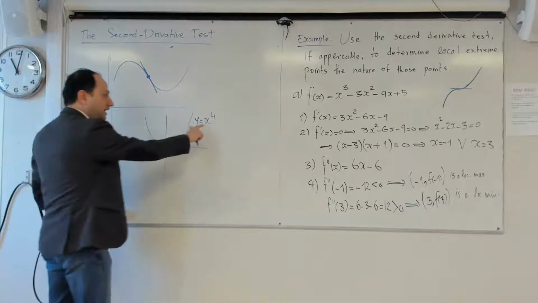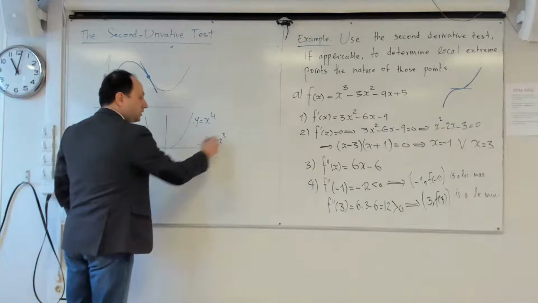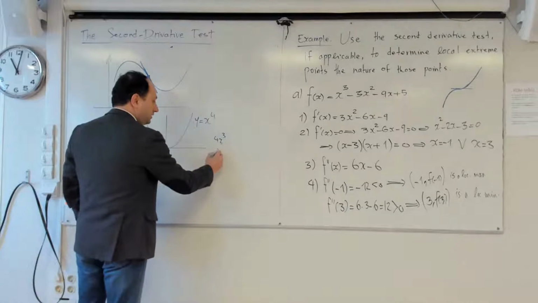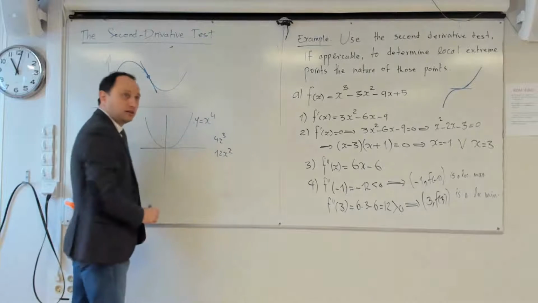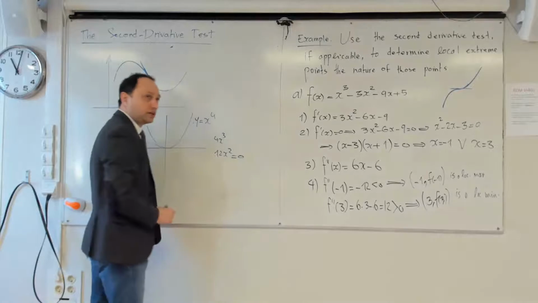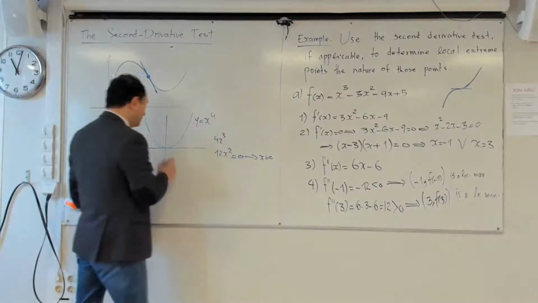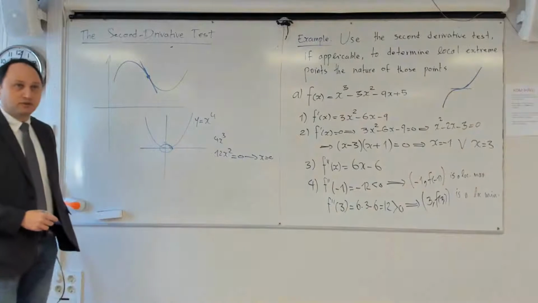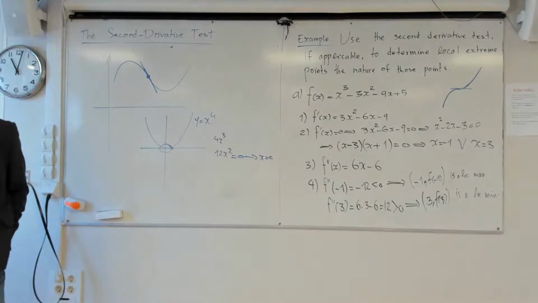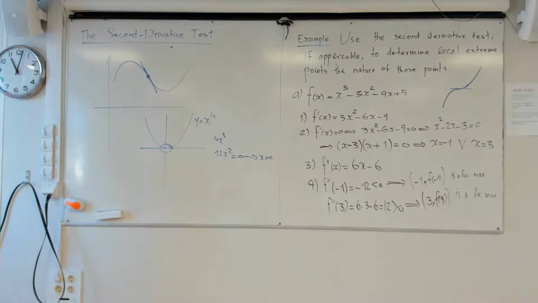If I take the first derivative, it is this one. If I take the second derivative, it is this one. If I put it equal to 0, what do I get? I get x equal to 0. But do you believe that that's an inflection point? No. So again, the same story happens.